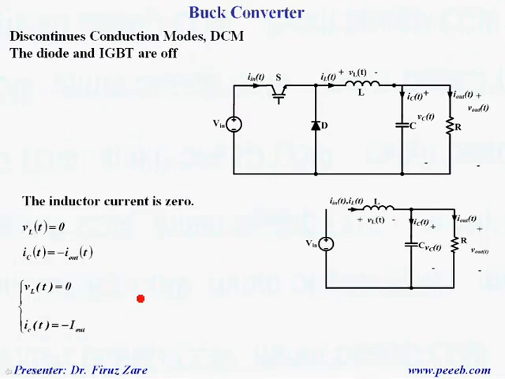But when the current through the inductor reaches 0, the voltage across the inductor is 0, and the current through the capacitor is only the load current. So we can rewrite the equation here.